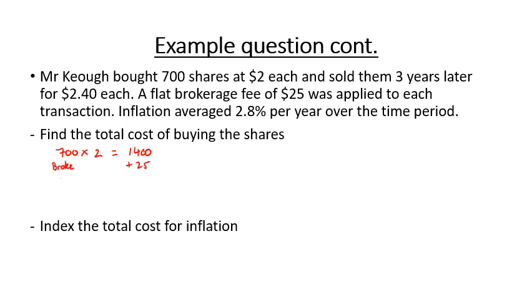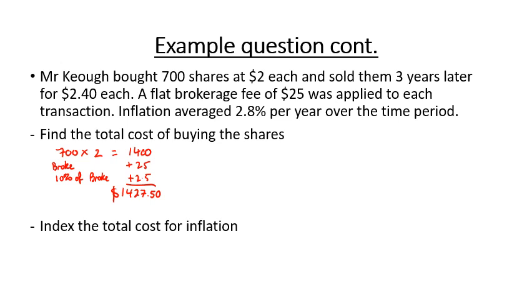But then we also need to add 10% on top of the brokerage, that's going to be plus 2.5. So that's going to give me a total cost of $1,427.50.